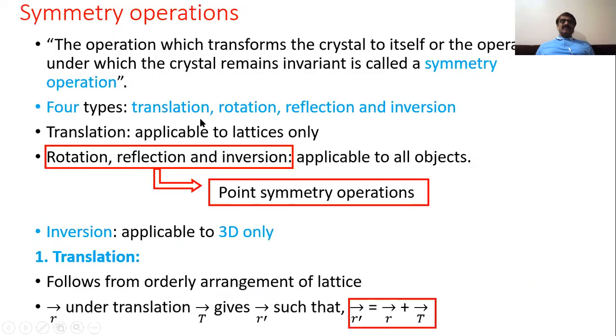Now, after completing the basis, let us look at the symmetry operations. What do we mean by symmetry? In the general concept, symmetry is simply a line or a plane that divides one thing into two identical halves, or that produces something identical to the original.